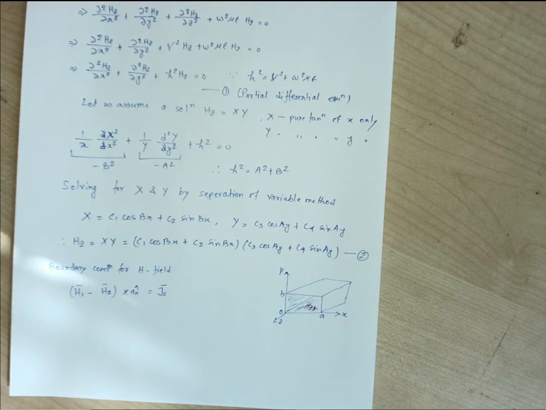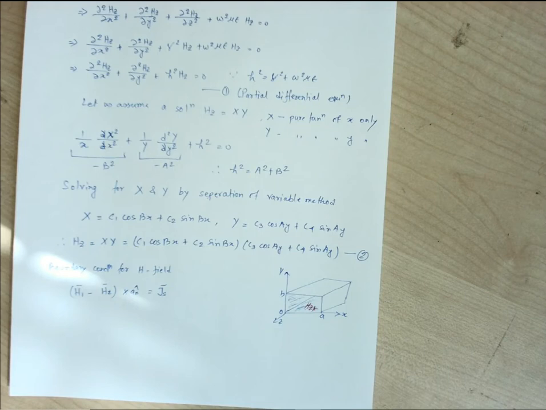For the TM waves, we have considered Ez. It is tangential to every wall because it is along the direction of wave propagation. So we have considered that Ez is 0. Now, Hz is also a tangential component on all the walls, but this Hz can't be 0 because it completely depends upon the surface current.